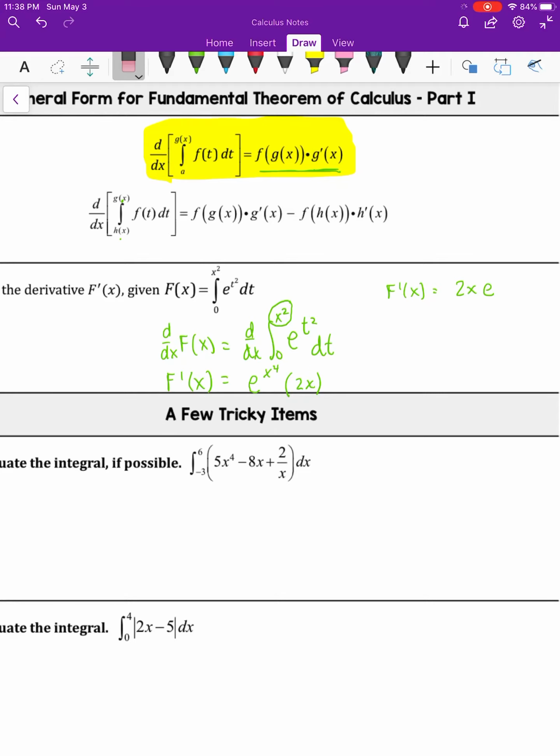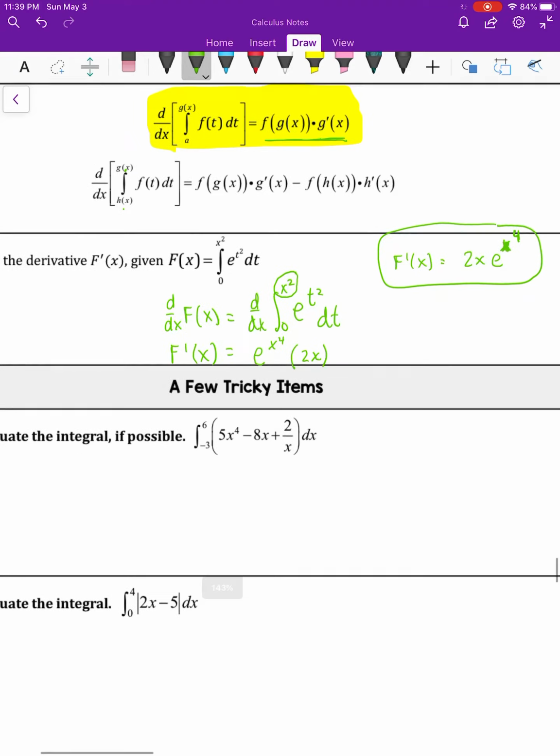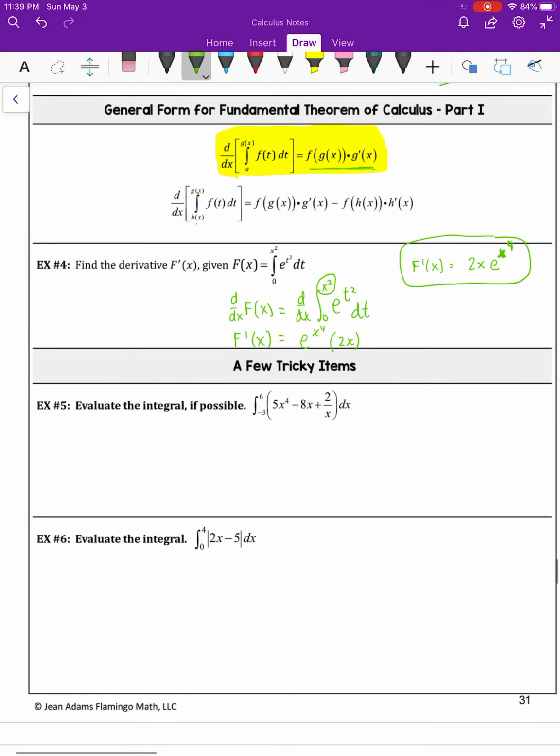So the derivative of x squared is 2x. So that makes my f prime of x equal to, and I always like to bring this in front, 2x times e to the x to the 4th. Okay? So that is your derivative.